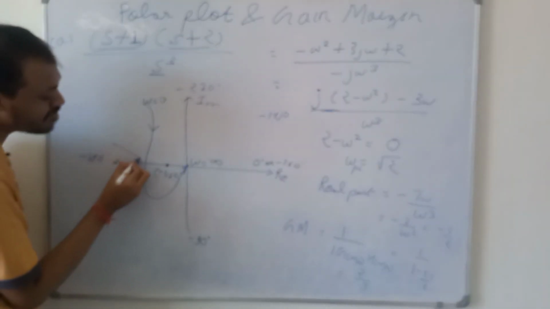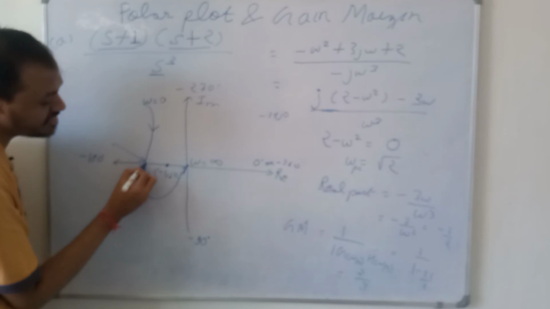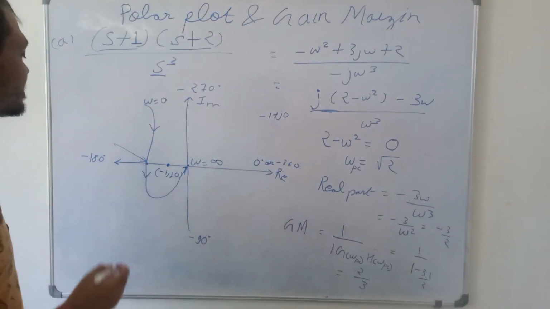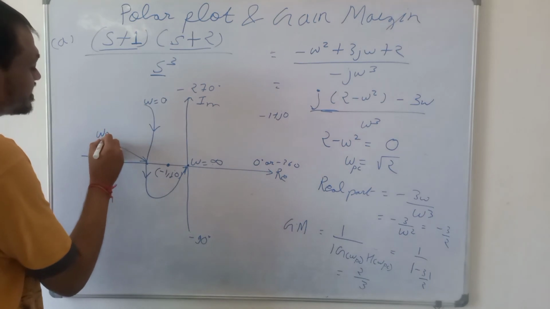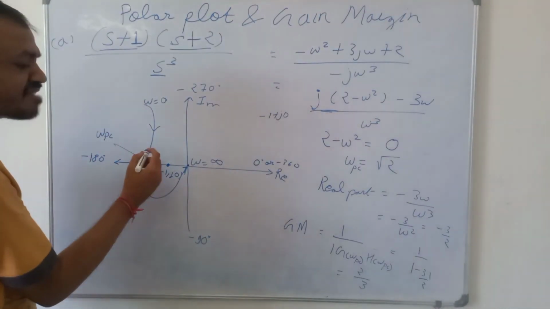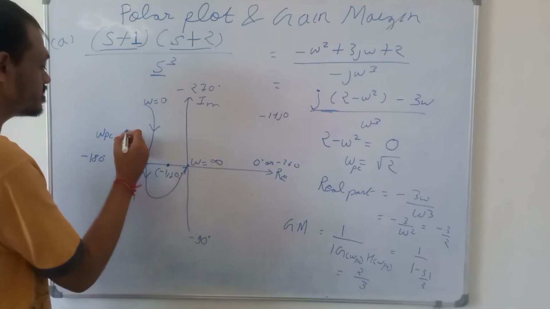So the omega PC is this frequency at which the polar plot crosses the negative real axis. So this is the omega PC, the phase crossover frequency. And here the gain margin is 2 by 3.